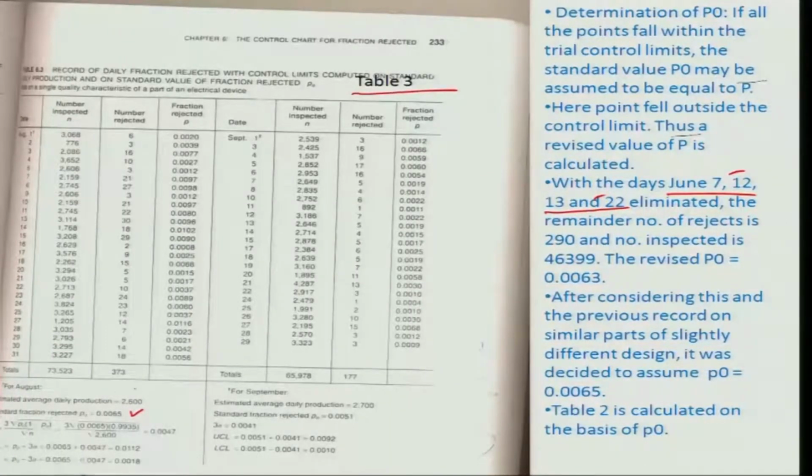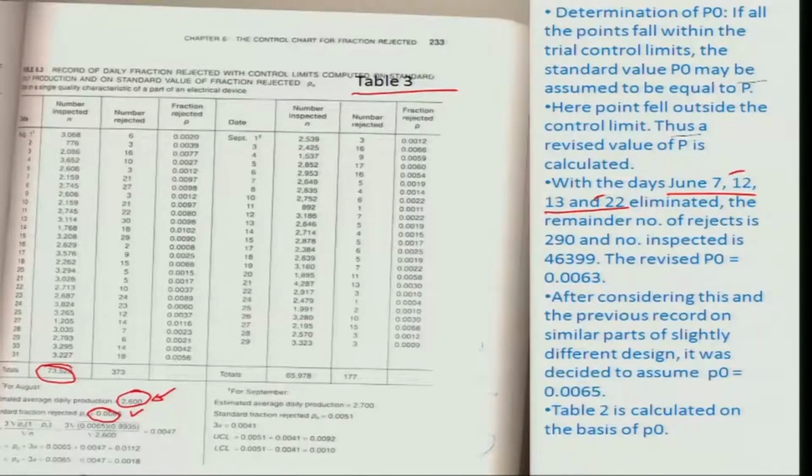Here, the estimated daily average production is basically, out of these 31 days, the total production is 73,523. So, it is about 2600 per day, and based on that we are now calculating fixed UCL and LCL values by looking at the fraction reject. Again, this fraction reject would be computed based on what you are eliminating.